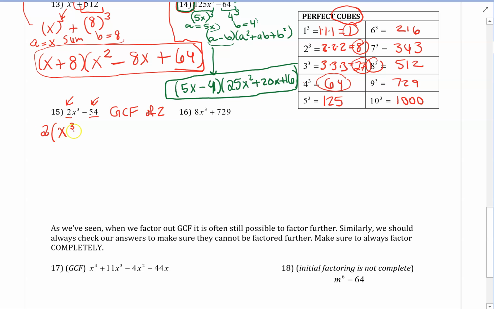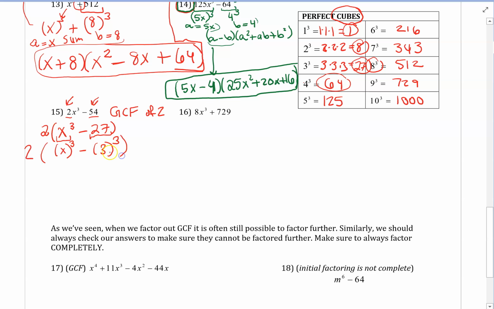And the first term would just be x cubed, and then the second term would be 27, because I divide 54 by 2. Now I wonder if you notice that the first term now is a perfect cube of x, and the second term is now a perfect cube of 3. Over here we saw 3 times 3 times 3 was 27.